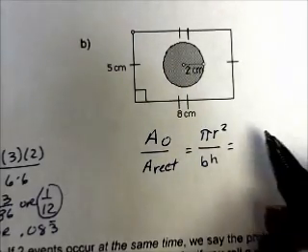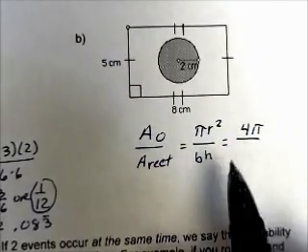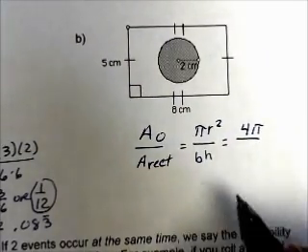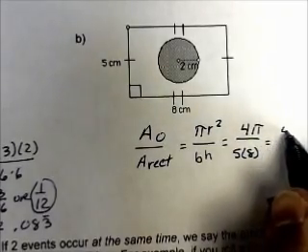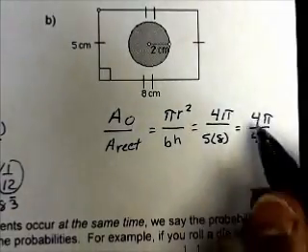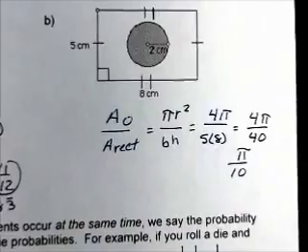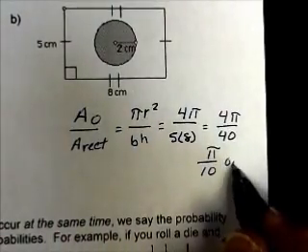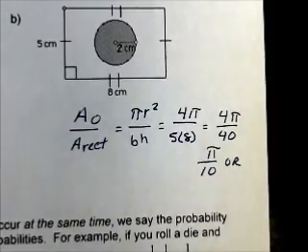2 squared is 4, so I'll write this as 4 pi over 5 times 8, which is 40. So we have 4 pi over 40, which we can reduce, dividing by 4, to pi over 10. Or, if we go to the calculator, key in pi divided by 10.